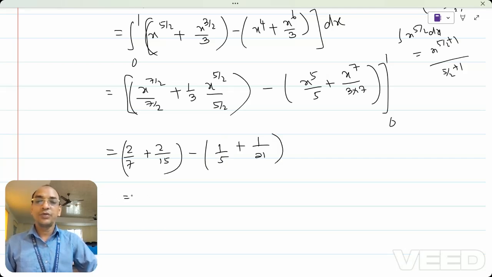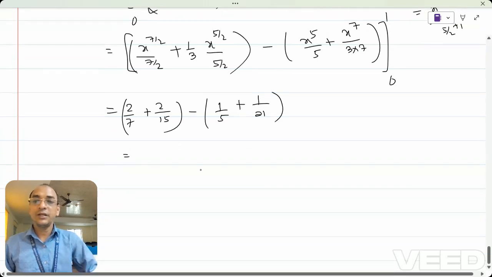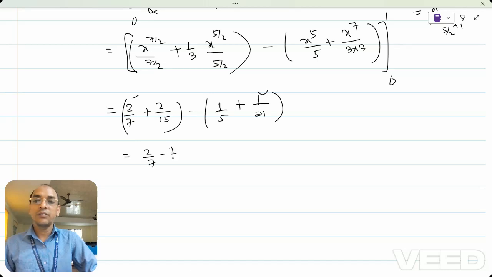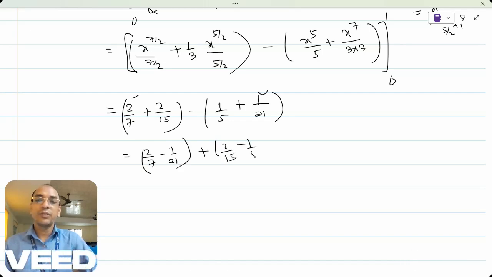Okay, so if you simplify this, what will we get? Let me simplify like this. I will take these two things first: 2 by 7 minus 1 by 21, plus 2 by 15 minus 1 by 5. So what will we get?